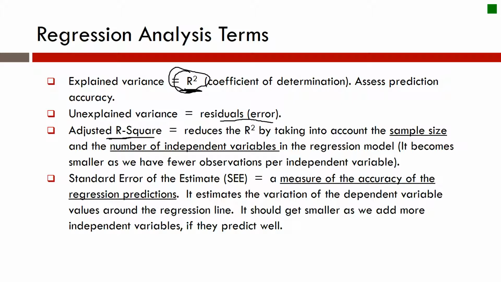We want to be able to explain the dependent variable with as few independent variables as needed, but we also want to explain it with as much accuracy. So what we don't want to do is just add independent variables to blow up the model unless we can use those new independent variables to explain a whole lot more variance in the dependent variable.